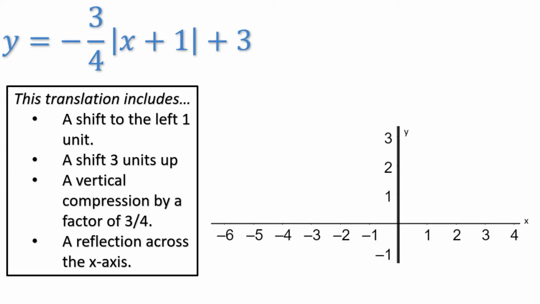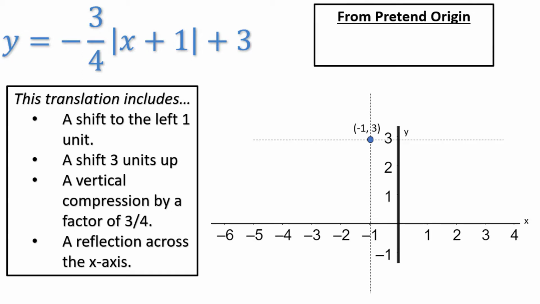So starting at the origin of 0, 0, we can move 1 unit to the left and 3 units up. So our new pretend origin, and also one of the points on our curve, will be -1, 3. Typically, we have the points -1, 1 and 1, 1 on our graph, but the -3/4 out front tells us to multiply our y values by -3/4.